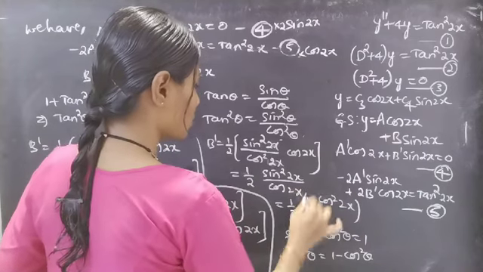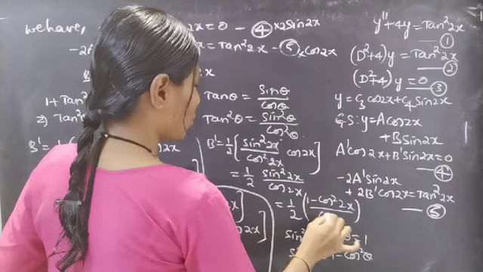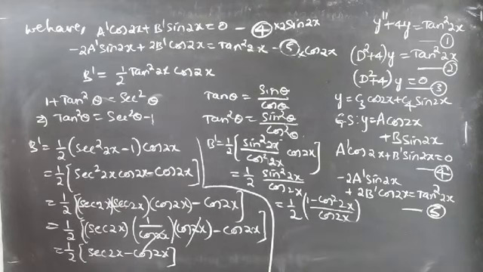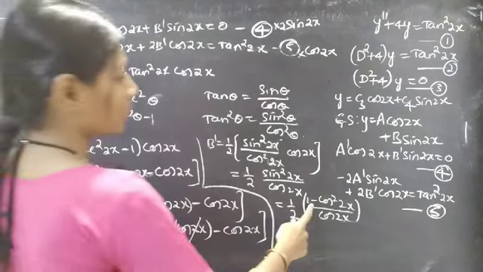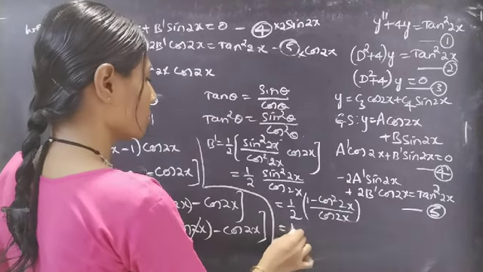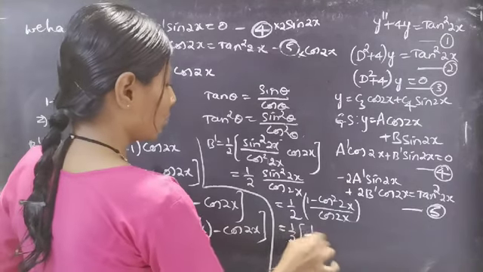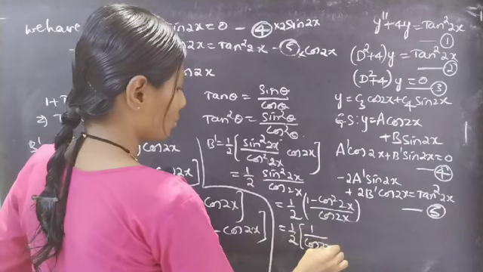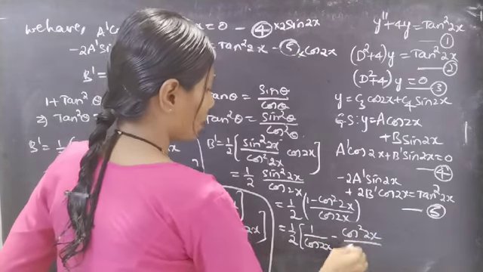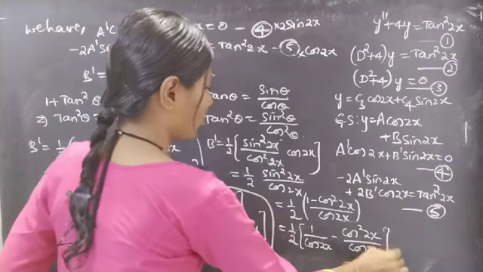We'll get 1 minus cos square 2x by cos 2x here. Now you have 2 terms in the numerator and 1 term in the denominator, so we can split this into 2 terms. We'll get 1 by cos 2x minus cos square 2x by cos 2x, right?